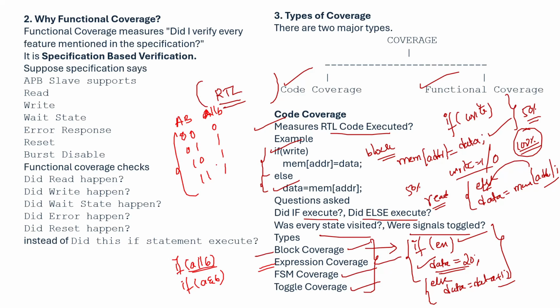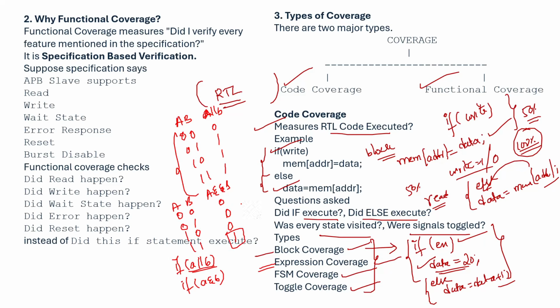Suppose you want to open a door. The key password is related to the AND operation. AND operation means we are taking these two conditions a and b: 0 0, 0 1, 1 0 and 1 1. You are verifying that this is 0, this is also 0, this is also 0, and this is 1.